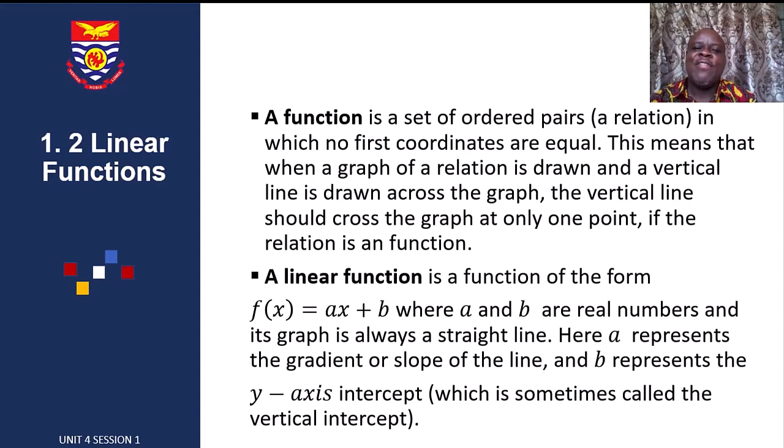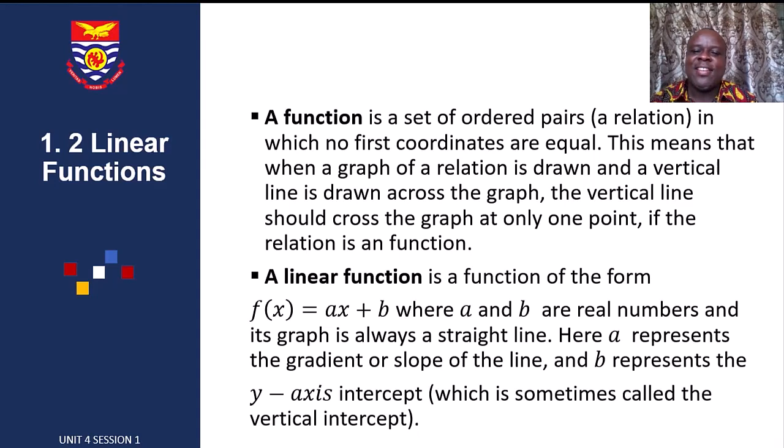You can verify whether a relation is a function by using a graphical method. What you do is that you draw a vertical line across the graph. And if that vertical line crosses the graph at only one point, then you know that the relation is a function.